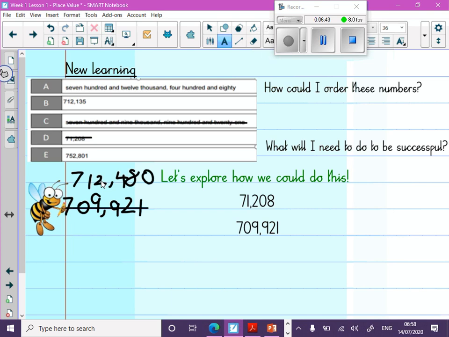So the digit that I need to look at next will be the hundreds digit. In this number here, it has 4 hundreds. In this number here, it has 100. So the number next in my order would be 712,135. Again, let's just cross that out and make it really, really visual for us to say that we've used that number.